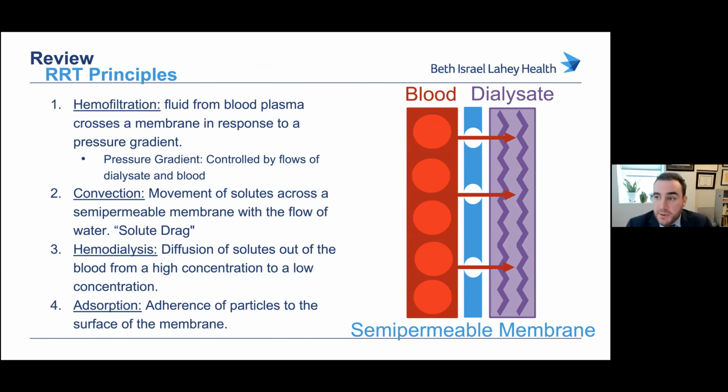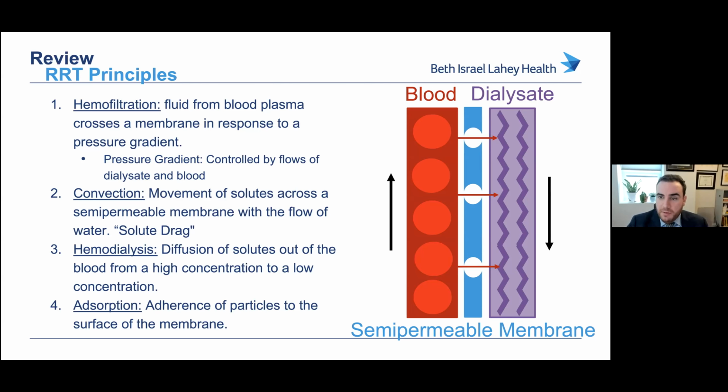There's 4 principles that drive all of renal replacement therapies. The first is hemofiltration. Hemofiltration is fluid from blood plasma that can cross a membrane in response to a pressure gradient. So on the right-hand side, you see a semi-permeable membrane, you see blood, and then you see dialysate.